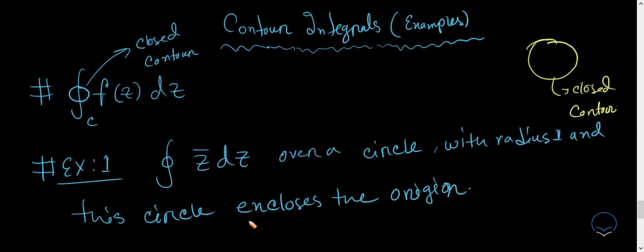So this part means that it encloses the origin. It means that the circle's center is at the origin. So that's one way to see it, but encloses is a general idea. This means that whatever that circle is, the origin will be enclosed by the perimeter of the circle.